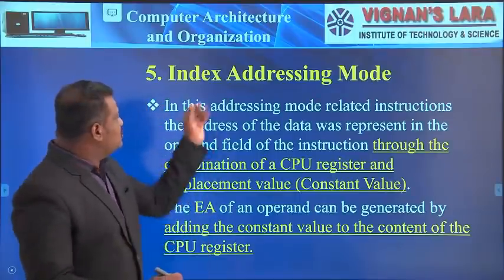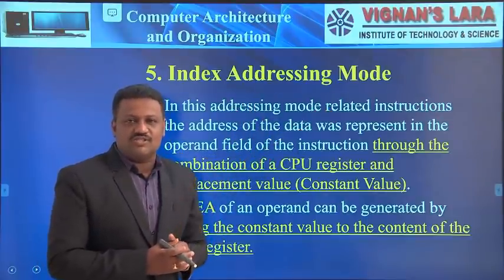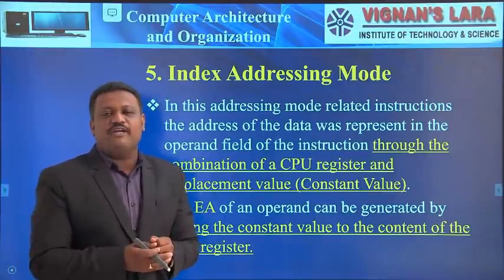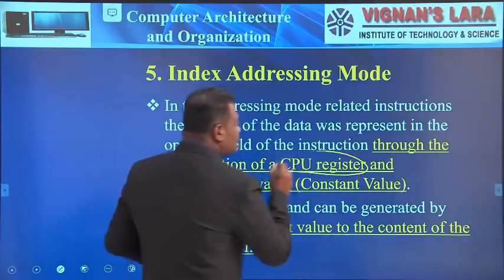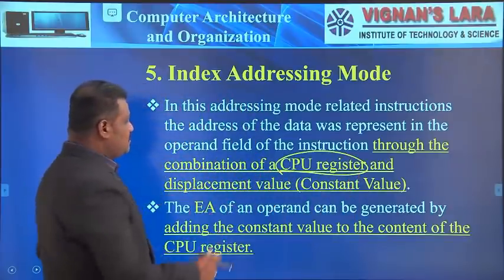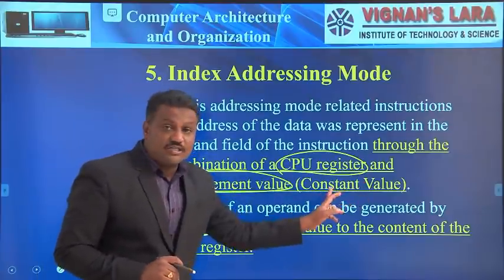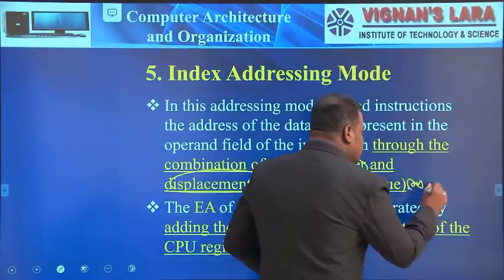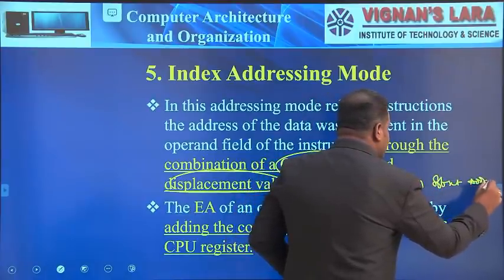In this addressing mode, the address of the data is represented in the instruction operand field through the combination of a CPU register and a displacement value. Sometimes the same thing we also call offset, or simply offset address.